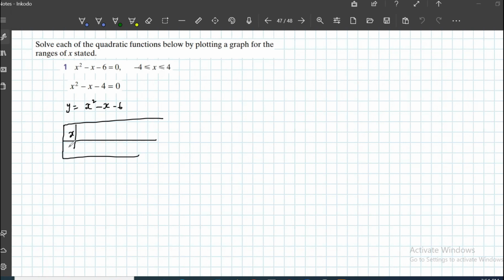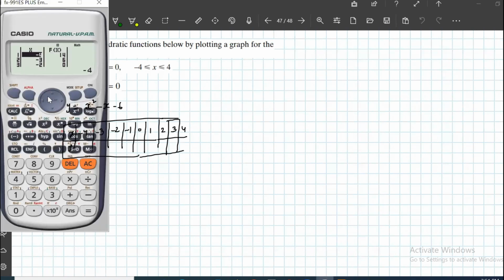Here x, y: minus 4. I will check minus 3, then minus 2, then minus 1, then 0. After this we have 1, 2, 3, 4, till 4. So we will check on the calculator as well.